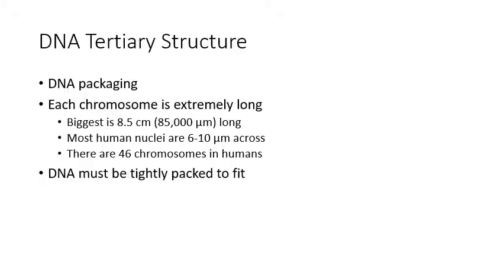If we're talking about a eukaryotic cell, you're going to have a lot of chromosomes, and they're going to be very big. So in humans, you actually have 46 different chromosomes in every single cell. And they're all different sizes, but the biggest one, if you stretch it out, is actually 8.5 centimeters long, and a cell is not centimeters long. And in fact, it's not just fitting in the cell, it's fitting in the nucleus of the cell.